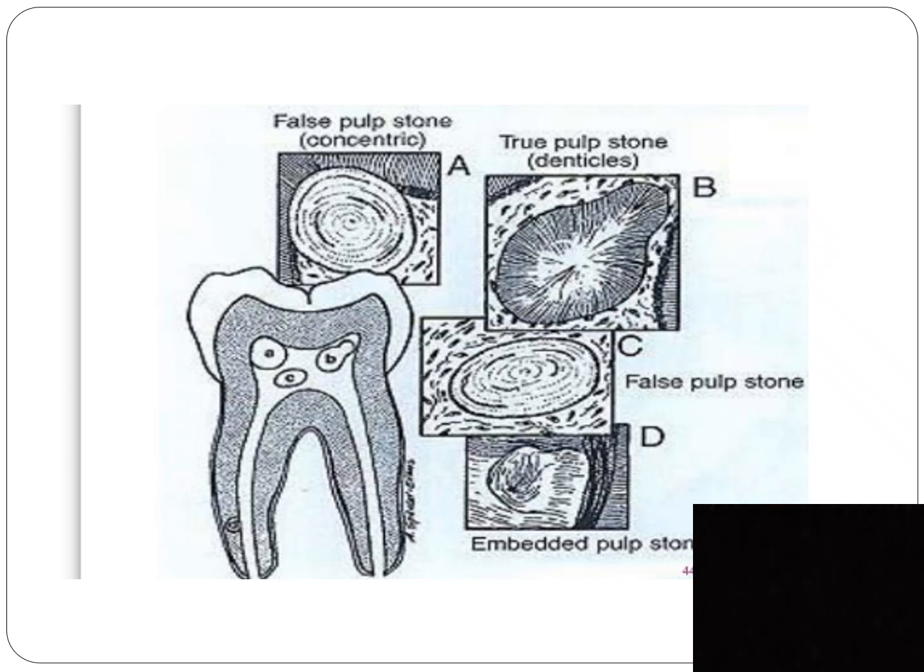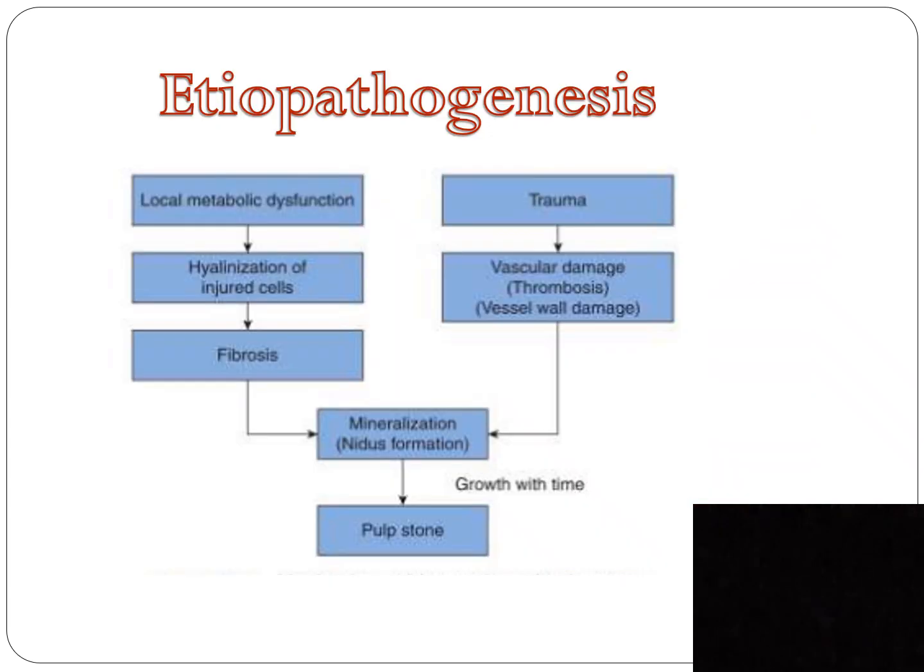False pulp stones are just concentric circles of calcifications; you don't see the dentinal tubule-like arrangement. And there are also diffuse calcifications, where you get neither a dentinal tubule-like appearance nor the concentric lamellar pattern of the false pulp stone.